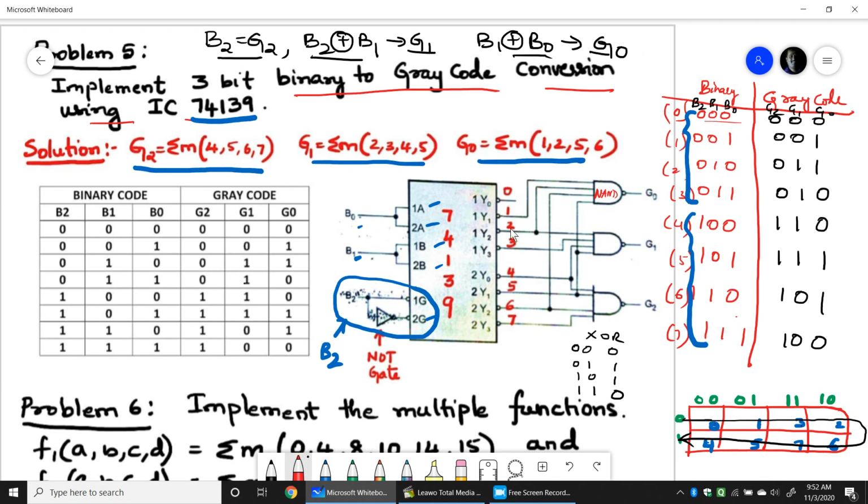Then 2, 3, 4, 5 are given to another NAND gate for G1. Then 1, 2, 5, 6 are given for G0. So 3 NAND gates for G0, G1, G2. This is how, using 74139, we convert binary to gray code. By looking into the truth table, we try to make the connections.